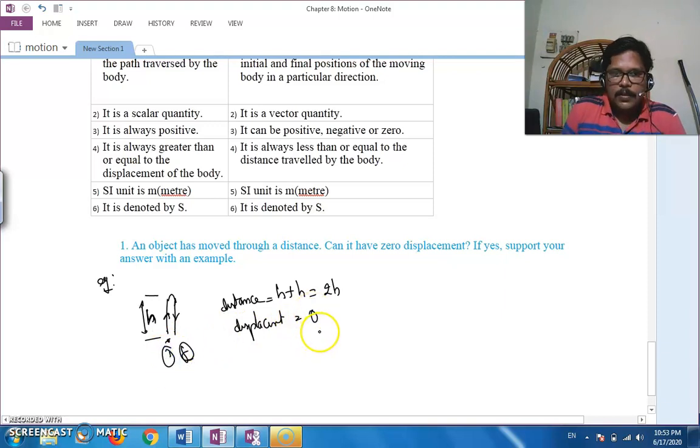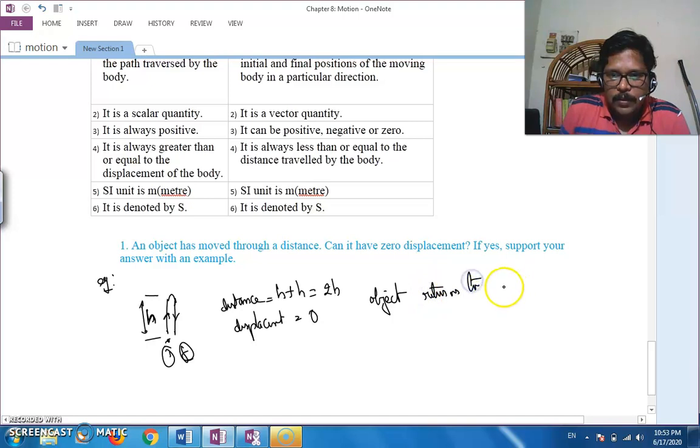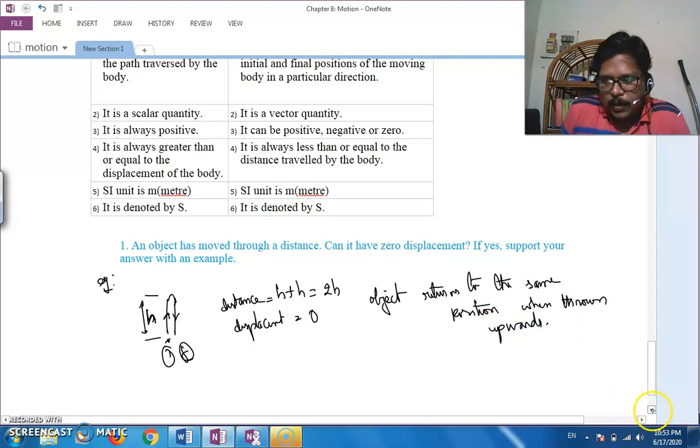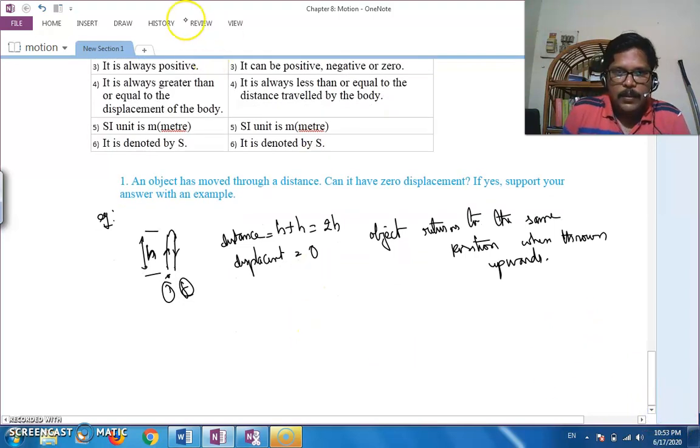So displacement is 0. So in this example we can put: object returns to the same position when thrown upwards.